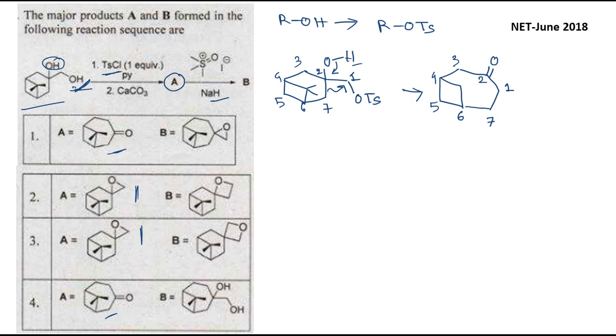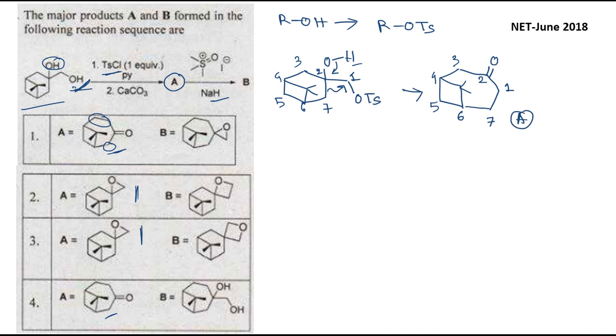If you think about the carbonyl, one side there is 1 CH2, another side there are 2 CH2. If you look at the options, we have 2 CH2 on one side and 1 CH2 on the other side. So basically it is the same structure. So option 1 or option 4, where ring size is increased, any of these will be correct. So this is the structure of A.